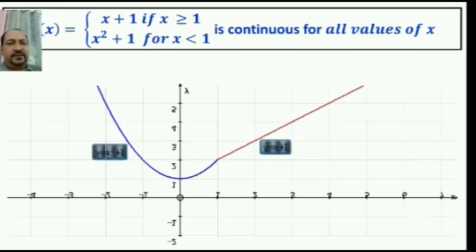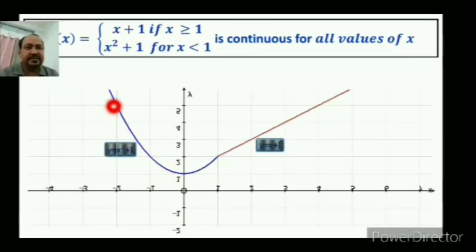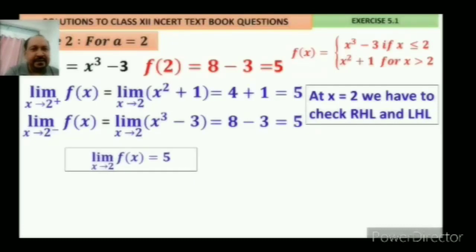Let us see the graph of this question. This is the graph of the polynomial function x square plus 1, and from here this is the graph of the polynomial function x plus 1, and the graph is left hand limit.